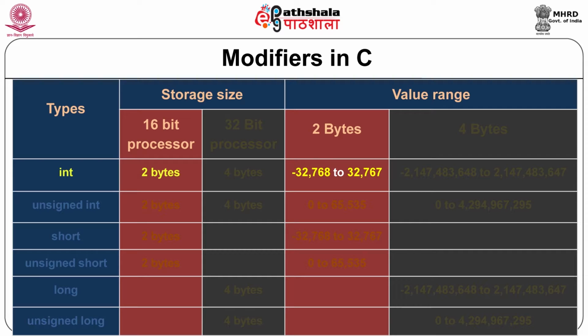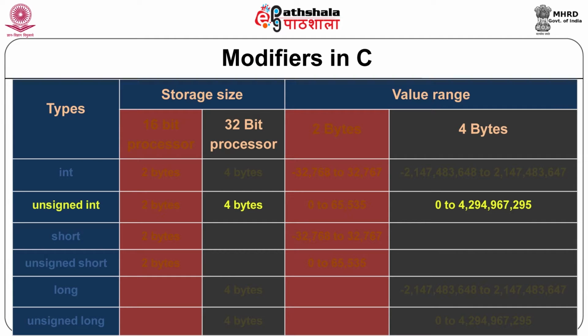The range is minus 32,768 to 32,767. Then integer in a 32-bit processor, storage size is 4 byte and range is minus 2,147,483,648 to plus 2,147,483,647.